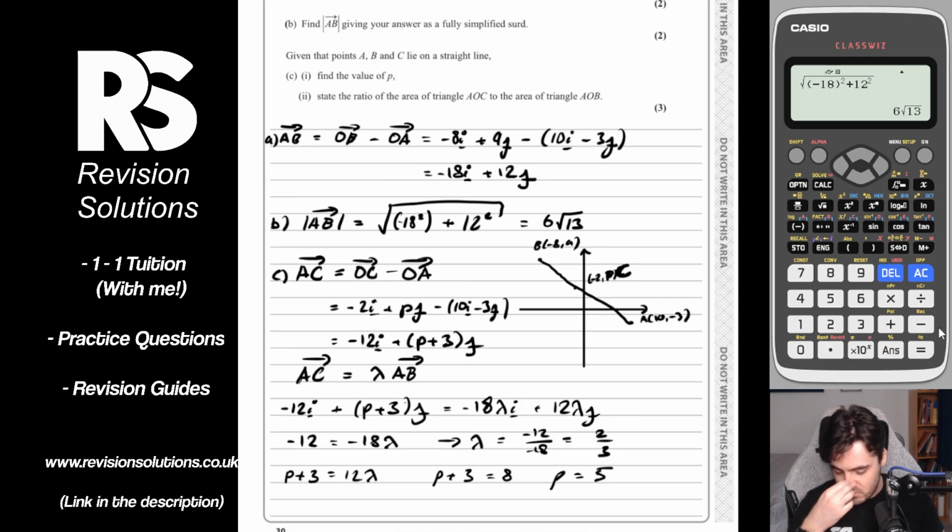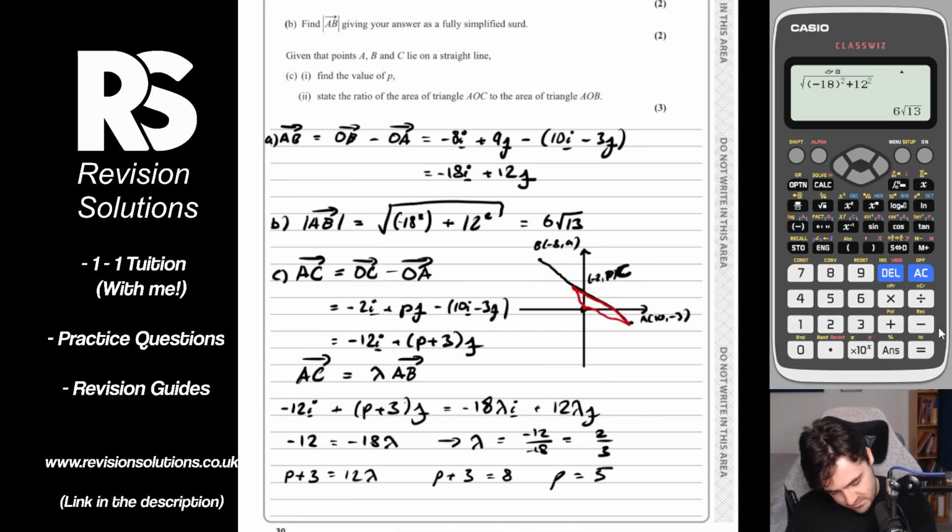Now it says state the ratio of the area of triangle AOC to the area of triangle AOB. So if we mark on the origin now, that's just here. There's two triangles going on. We have this triangle, that'd be AOC, or we could do the outside triangle there.